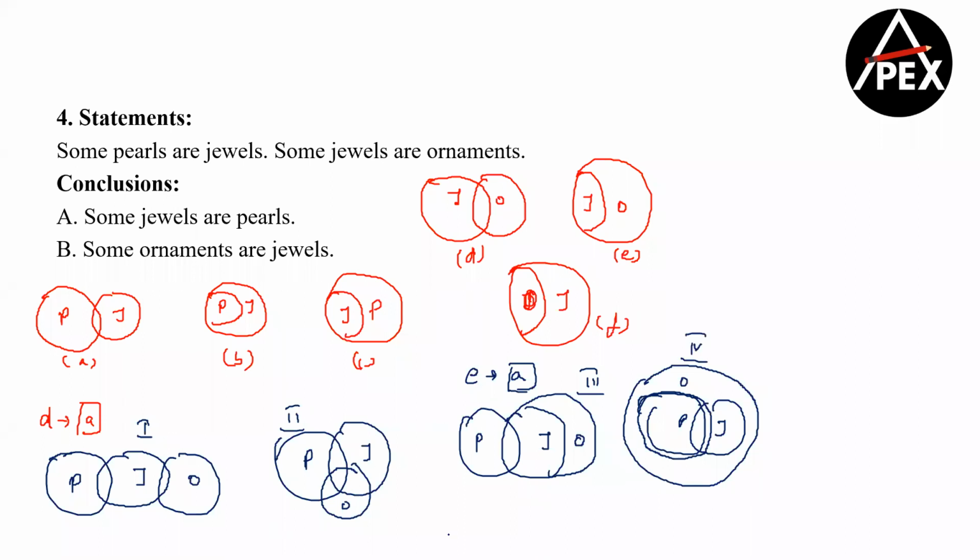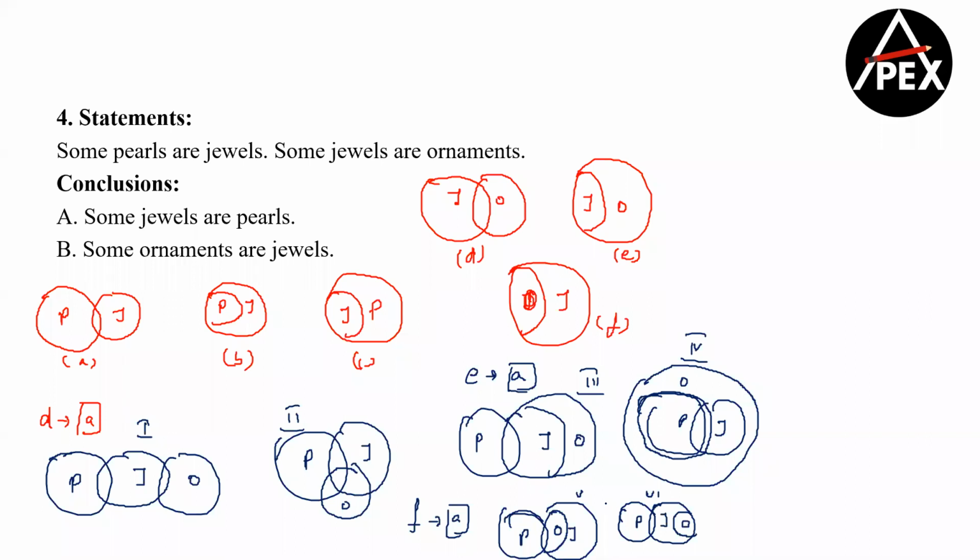Now again, if I'm taking F through A, I draw A first. So P, J. Now look, O is inside J, right? So maybe this is O, or maybe P, J, and this is O. Correct? So this is fifth case, sixth case. All right.